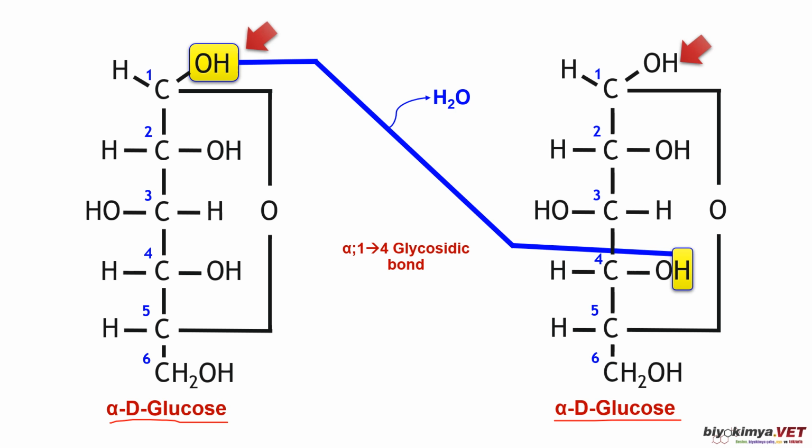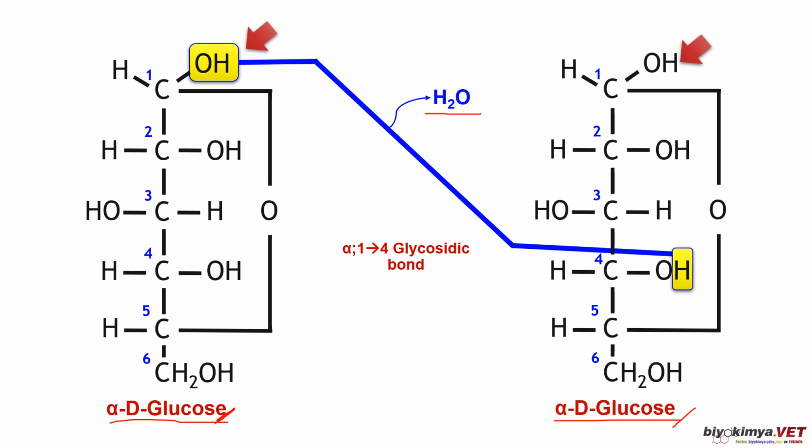And here you see 1 mole of water is removed during the condensation reaction. And at the end, an oxygen bridge occurs between alpha D glucose and alpha D glucose. Also remember, here I omitted to say glucopyranosyl because they are in cyclic structure.